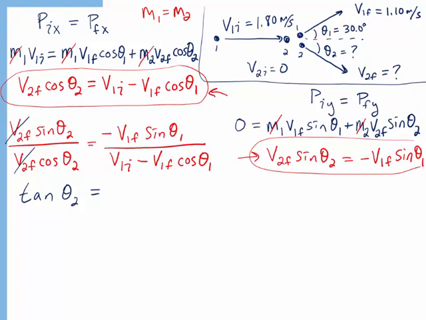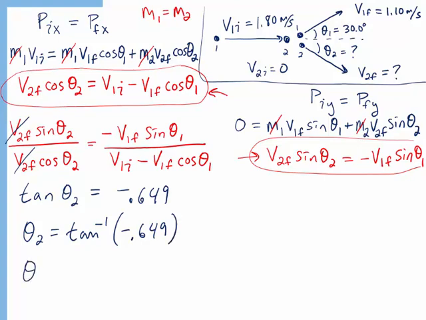What that worked out to be for me was negative 0.649. Therefore, theta 2 is the inverse tangent of negative 0.649, and what I ended up with for theta 2 was negative 33 degrees. Notice that that makes sense. We know that it's got to be negative, and it's probably not too different from theta 1, so that certainly seems like a reasonable value.